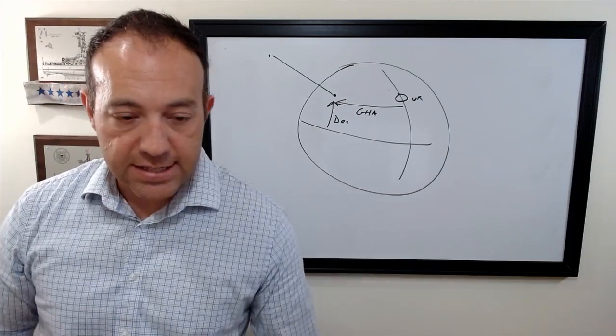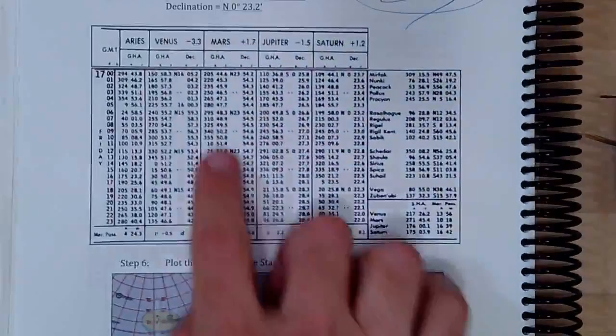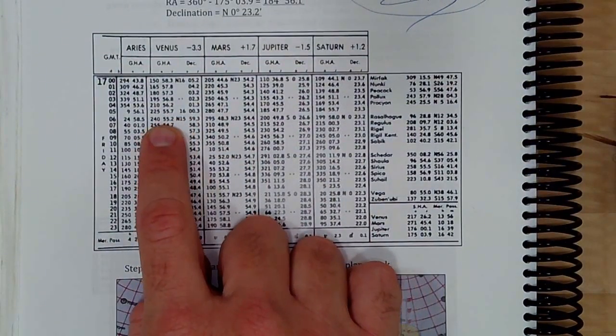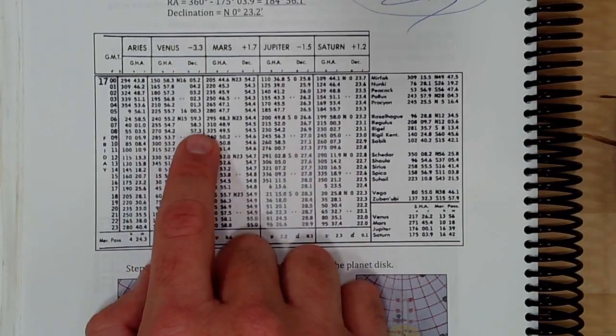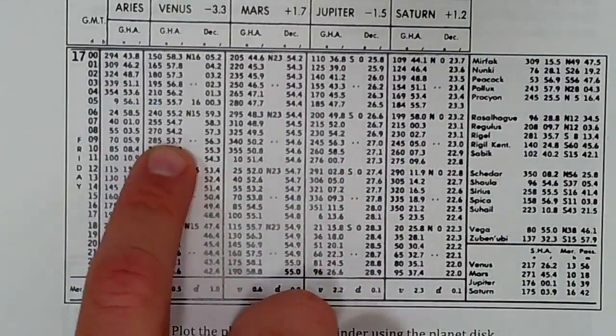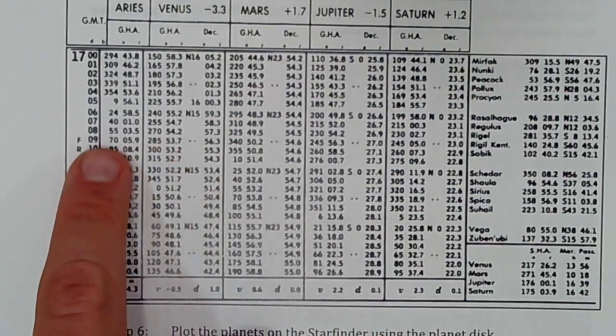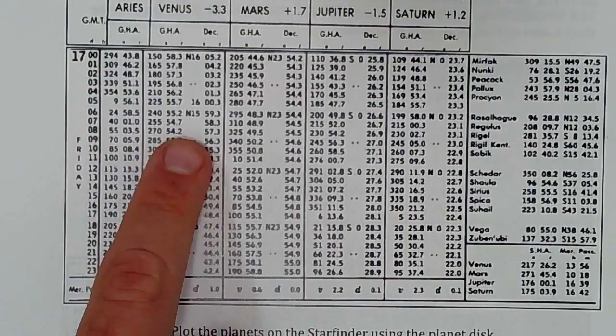So depending on the season, what we'll do is look up the GHA or right ascension and declination of the body. We'll go through those same correction steps for the time, right? If it's not exactly, say, 9:00, if it's somewhere in between, we have to make some corrections.